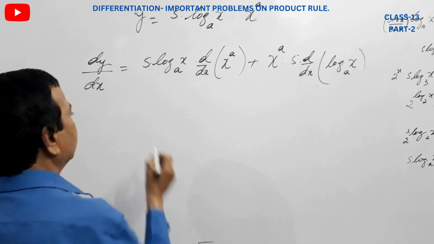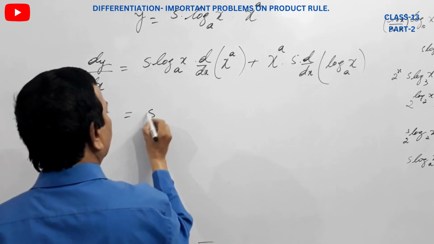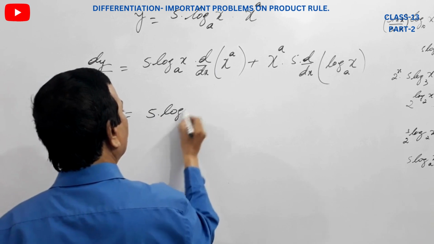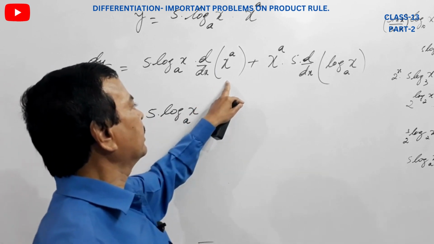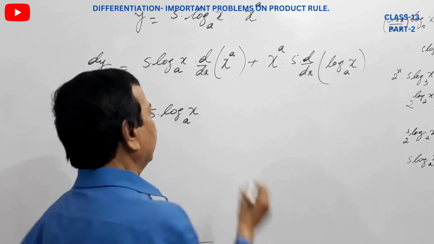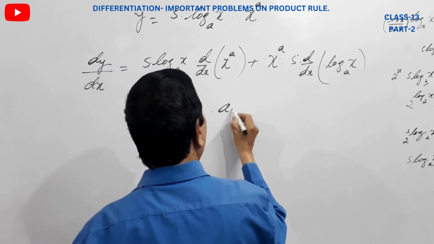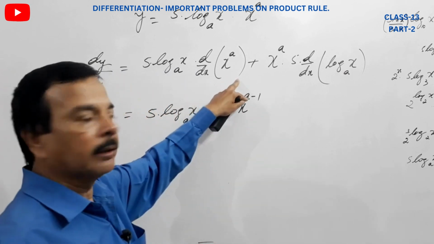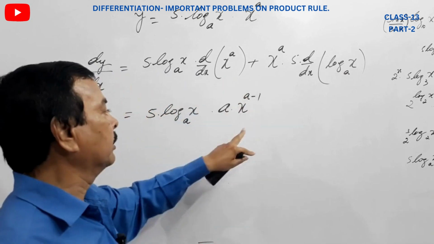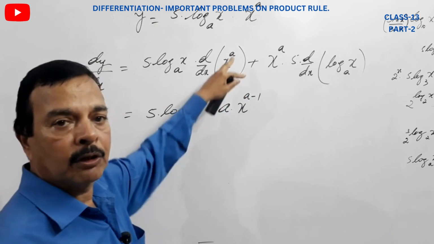Let us do this. This is nothing but 5 log x to base a, d by dx of x to the power of a, that is a into x to the power of a minus 1. Remember this formula is very important. So a is similar to x to the power of n.